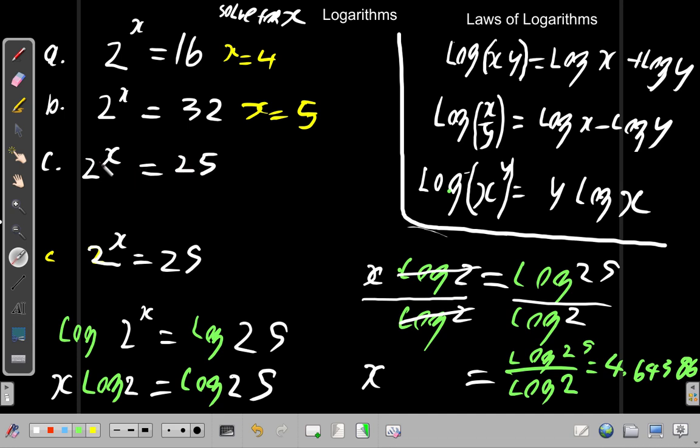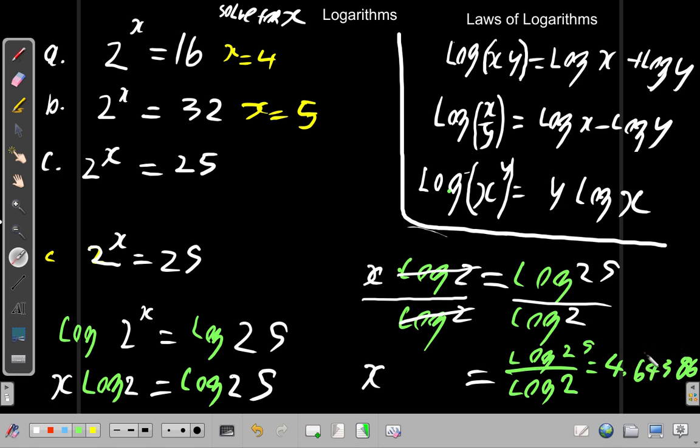So here, you have 2 raised to the power of x equals 25. Just log both sides. Log 2 to the x equals log 25. After that, the third law of logarithms says this is x times log 2 equals log 25. And when you divide both sides by log 2 to get x alone, you get x equals log 25 over log 2, and use a calculator to work it out.